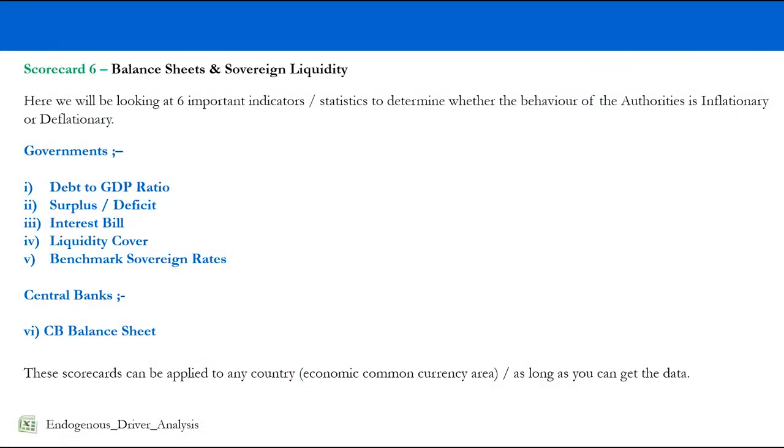Okay, so welcome back to the computer screen. We're going to be looking now at our final endogenous analysis scorecard drivers. We're going to be looking at balance sheets and sovereign liquidity. And we're going to be looking at 6 really important indicators or stats to determine whether the behavior of authorities is inflationary or deflationary.